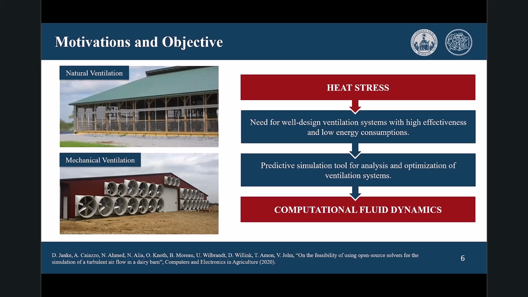Current state-of-the-art methodologies for barn design are based on very simple models, for example, mass and energy balances on the building. And of course, they are pretty inaccurate and not fully predictive. Well, is it possible to do better? Yes, but we need to use some more complex models, for example, computational fluid dynamics.